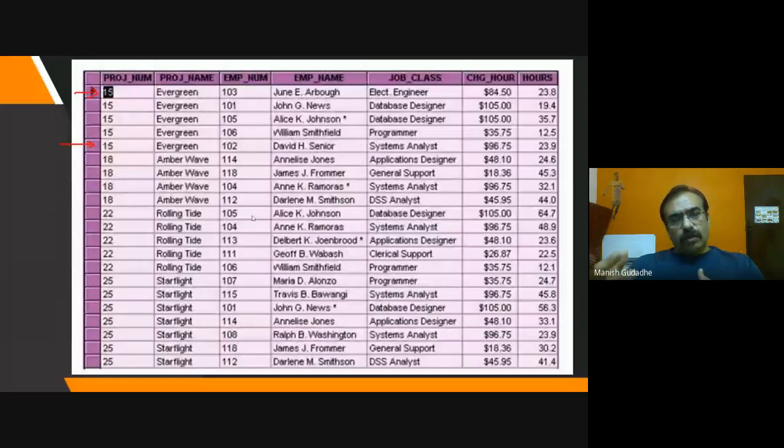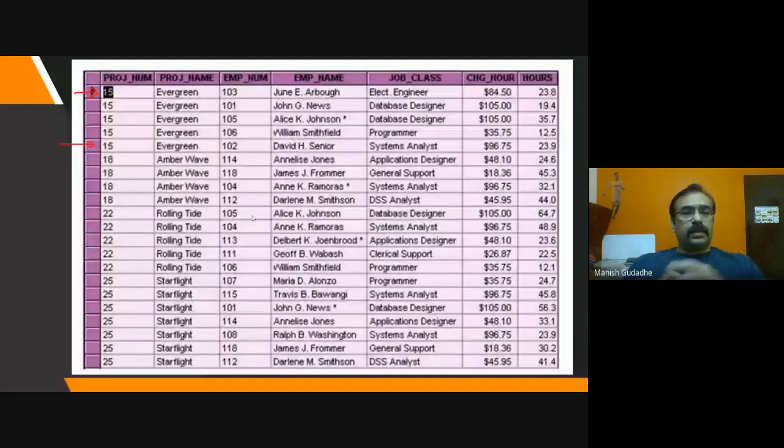A super key is the first question. Second thing is, if some employee is leaving, then what will happen to that super key? Let us say that employee number 101 has left. So all the entries of 101 need to be removed. What will happen to that project?